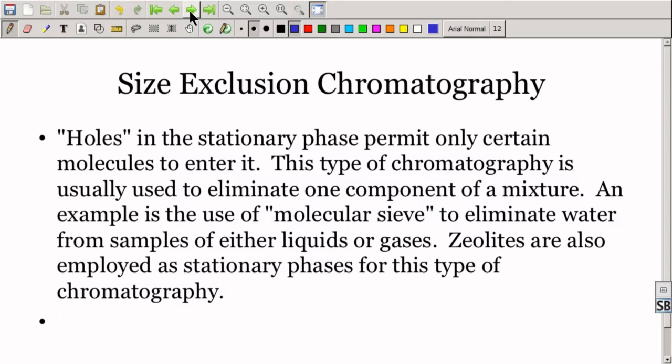Now, why would we do this? We do this because this gives us a way of separating things like proteins. And that was the lab that Dr. Yarmchuk actually developed with size exclusion chromatography. Somewhere in our lab, we still have a size exclusion column.